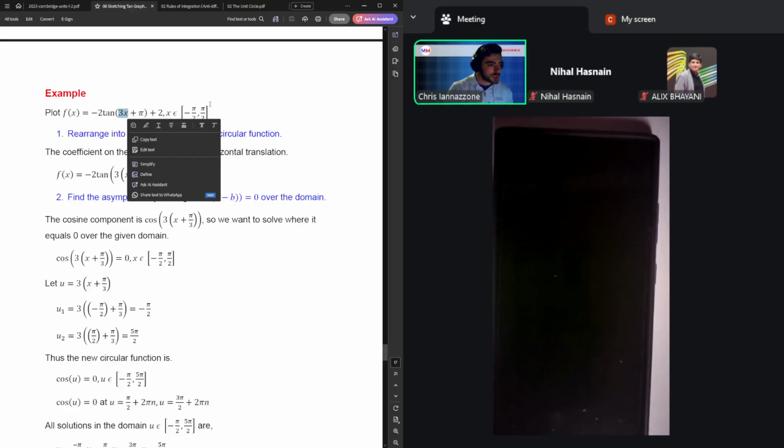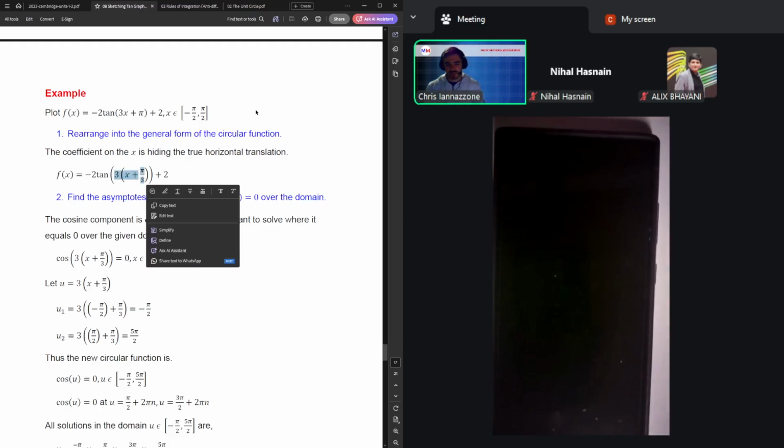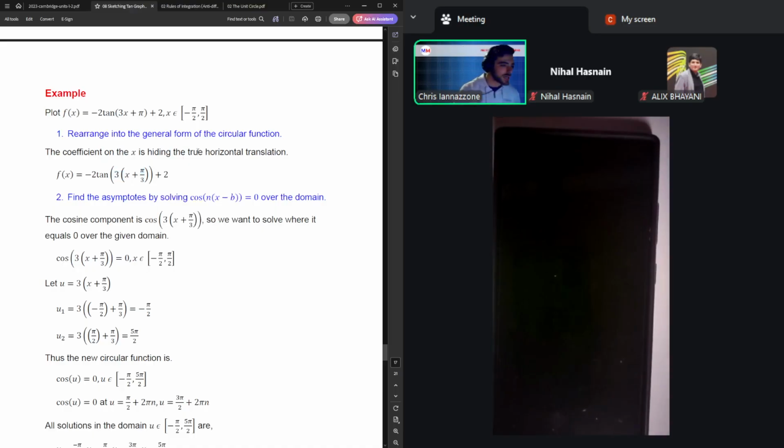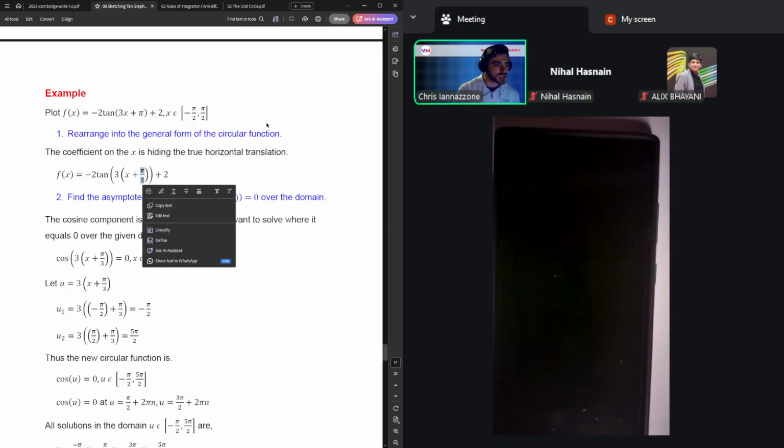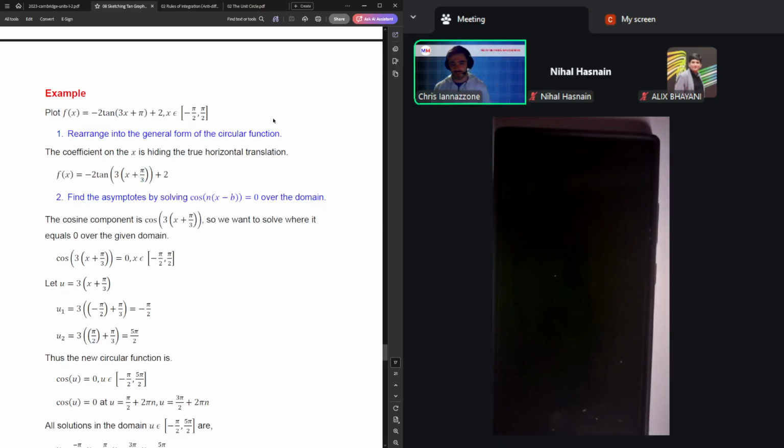Whenever you have a coefficient on the x, what that's doing is effectively hiding what your true horizontal translation term is. What you need to do is factorize out any coefficients on the x, which will reveal what your true horizontal translation is. That's more or less the way I'll think about it.